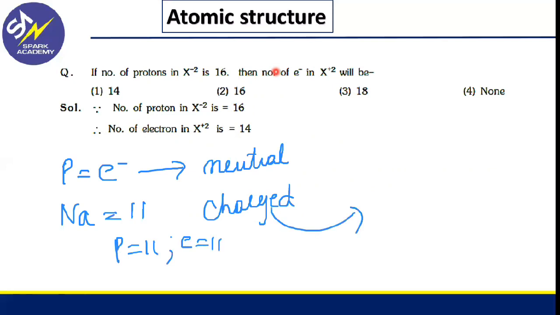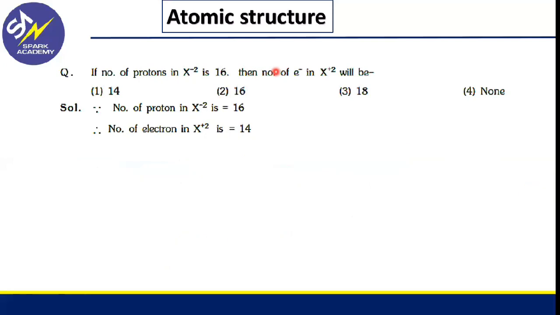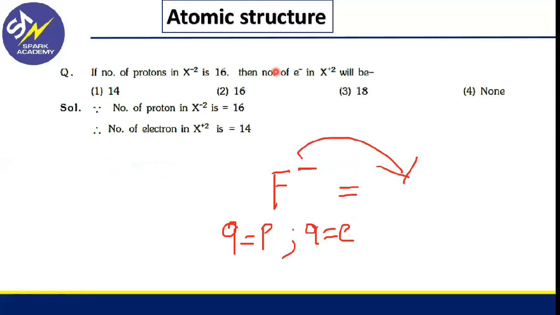Now if it is charged, if I write sodium as Na plus, what does plus represent? I have taken off one electron, isn't it? So the number of electrons will become 10. Similarly, if I write F minus, for a neutral atom there are 9 protons in fluorine. So for a neutral atom, there should be 9 electrons. For F minus, the minus represents that it has taken 1 electron.